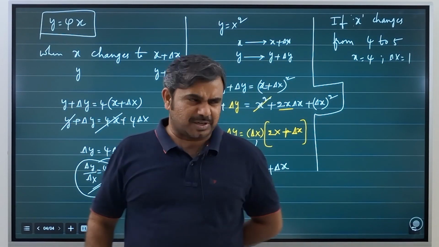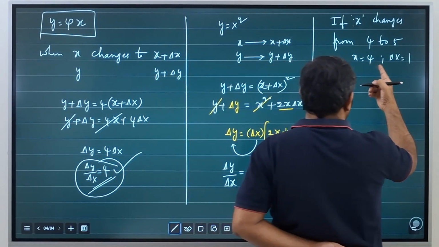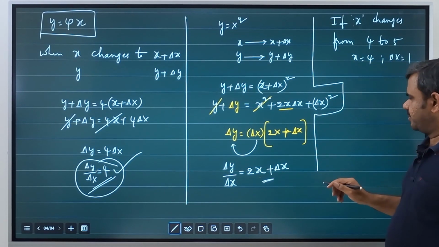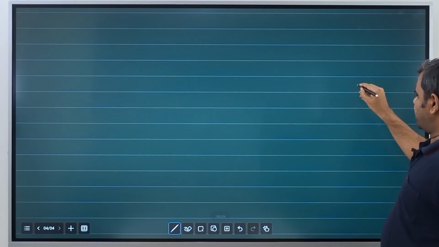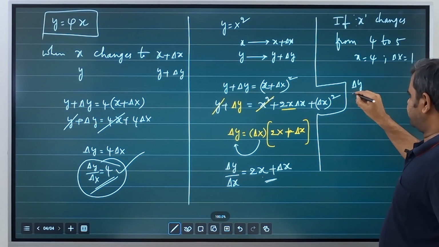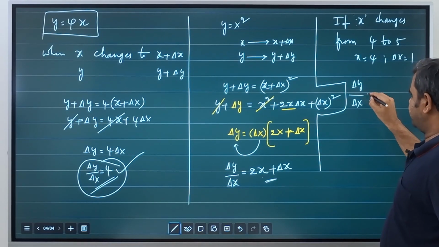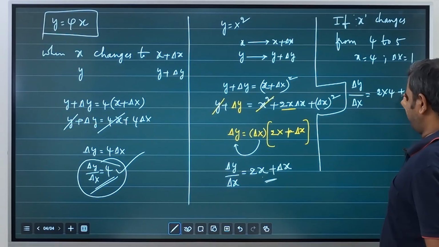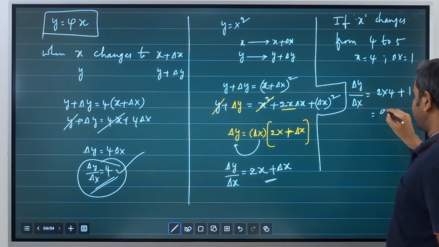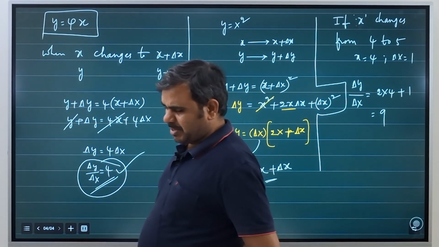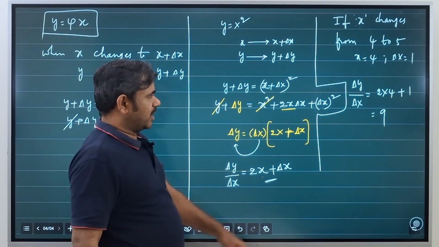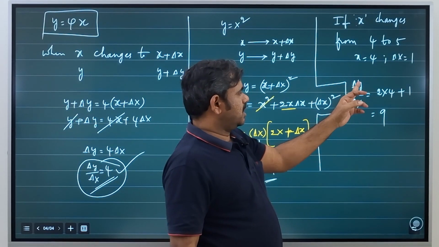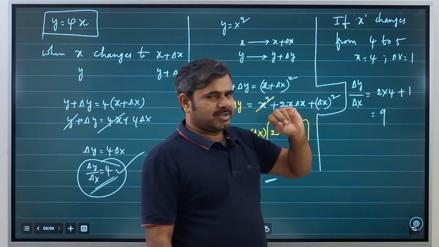Change in x is equal to 1 unit. So substitute x is equal to 4 and delta x is equal to 1 in this equation. You will get delta y by delta x is equal to 2 into 4 plus 1. So what are we getting? 9. So in the interval from x is equal to 4 to 5, in this range of values of x, if we find delta y by delta x, we are getting 9.